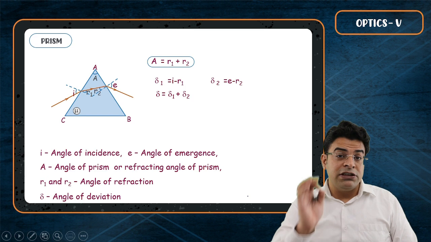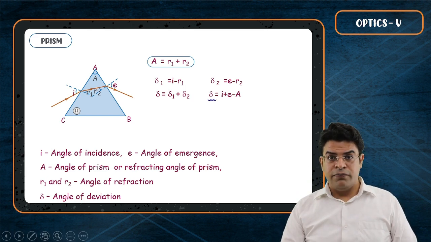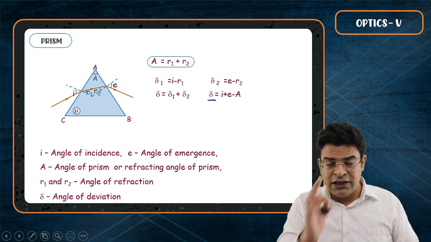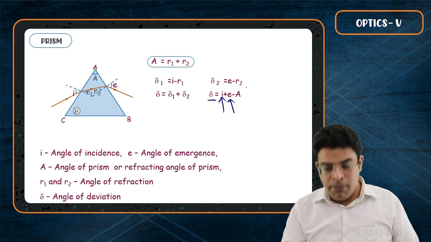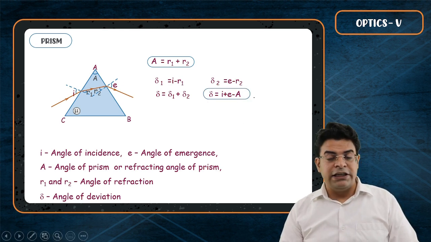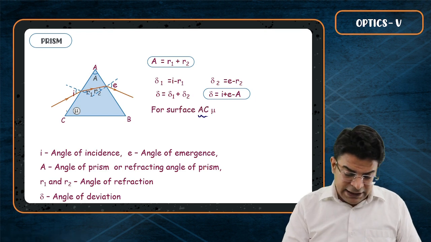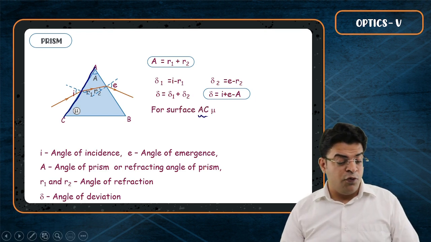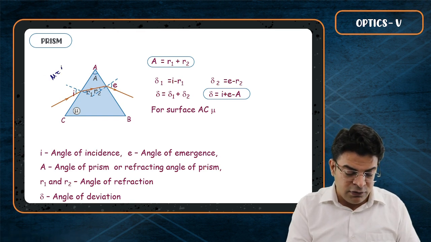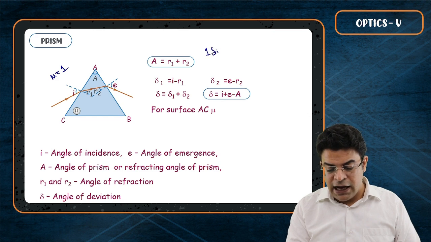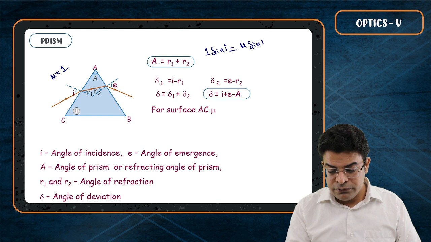So you need to mug up this second thing, and this is also equally important, that the net deviation produced by the prism is nothing but angle of incidence plus the angle of emergence minus the apex angle, I plus E minus A. Now kids, for the surface AC, for the refraction on the first surface, if I take the surrounding medium to be air with refractive index 1, can I say that 1 sine I equals mu sine R1?